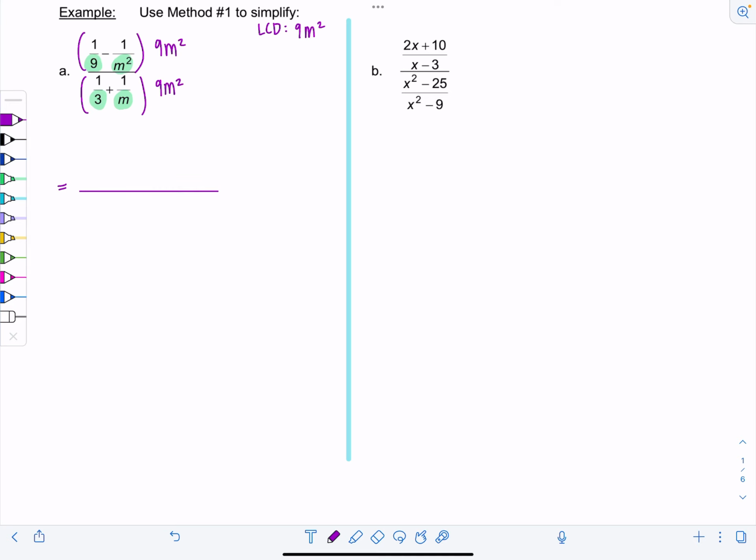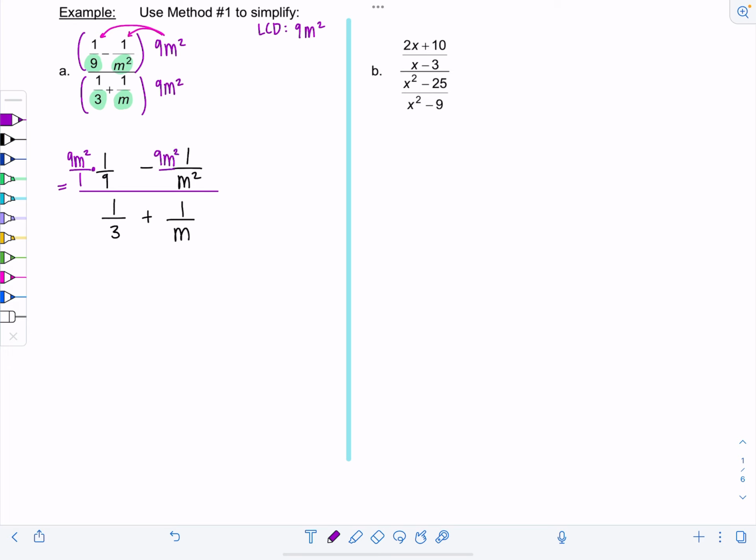Okay, so in the numerator, we have that 1 over 9 minus 1 over m squared. And then in the denominator, we have 1 over 3 plus 1 over m. And now I'm multiplying everything by 9m squared. So it distributes to both terms in the numerator. And if you need to remind yourself, go ahead and put that 9m squared over 1 as you distribute it.